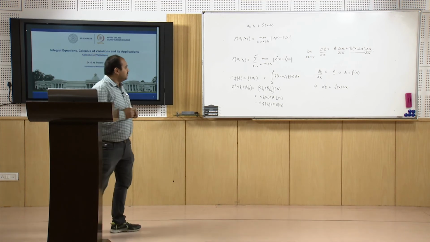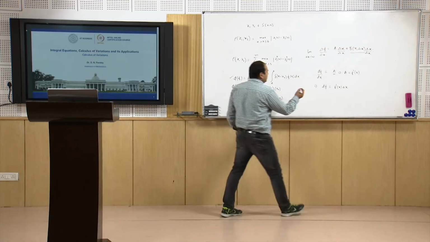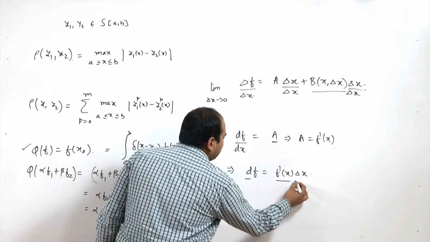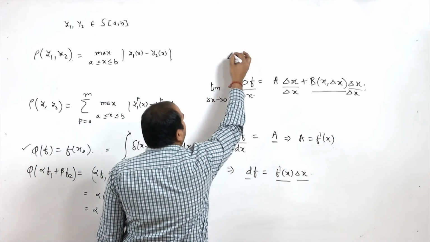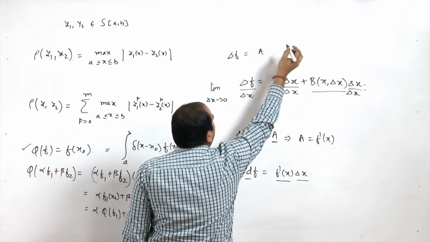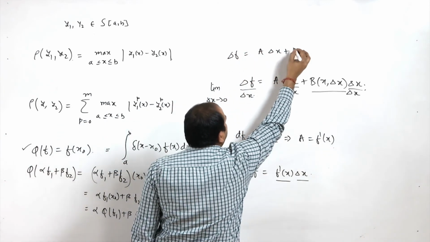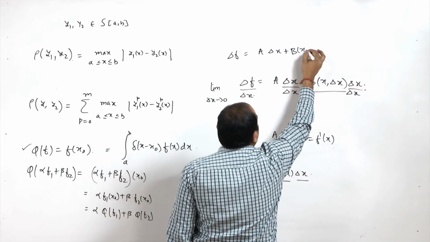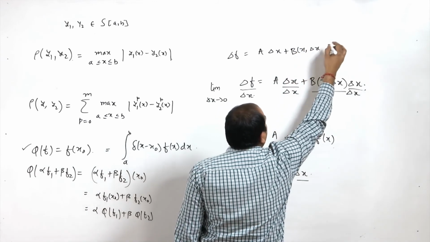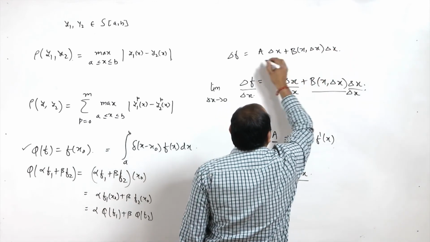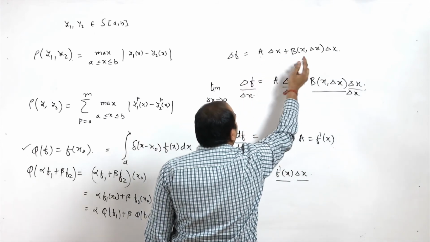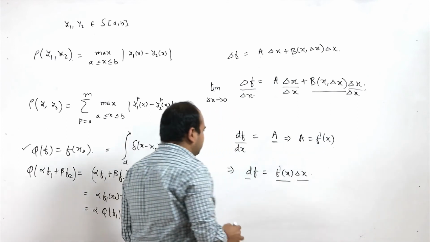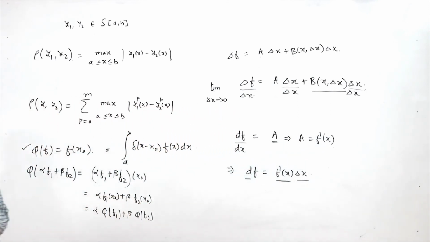Your df is defined as f dash x delta x, which is defined in the sense that delta f equal to a delta x plus b x delta x, where a is independent of delta x and is the linear part, and b is tending to 0. So here we have an alternative way to define this differential.